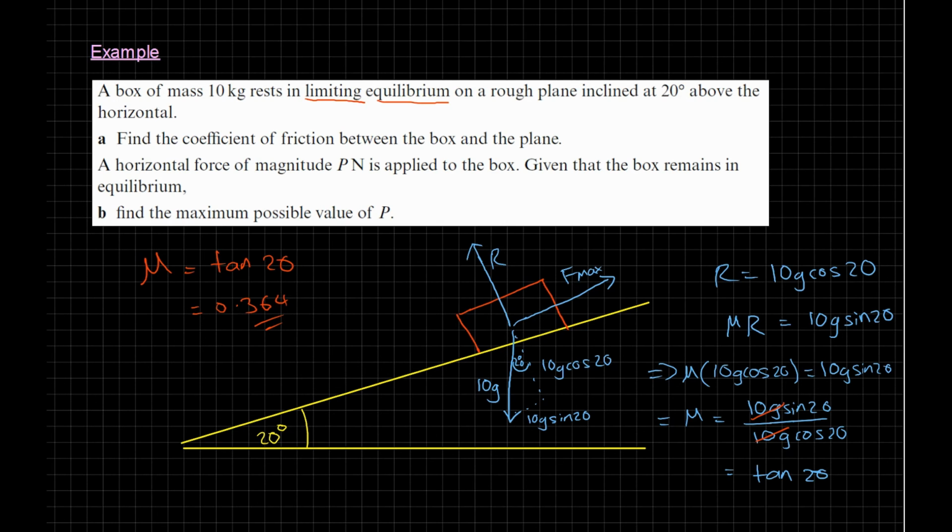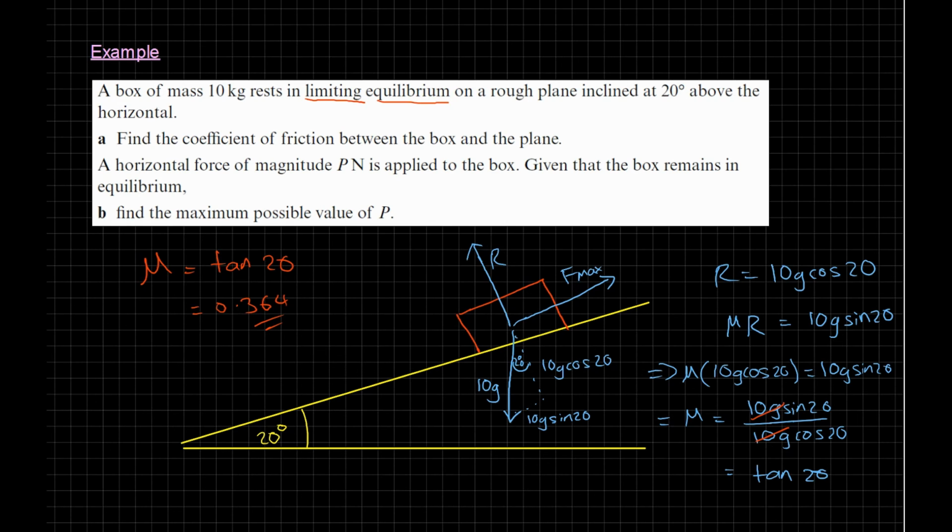This is not some rule that you need to be using in other questions, okay? It's a very specific scenario. It's when it's in limiting equilibrium. But what it does tell you, if you're interested, is that if you wanted to know the coefficient of friction of an object, or of a pair of objects, a surface and something on that surface, just tilt the surface by an angle, and the moment it starts slipping, take tan of that angle, and you've got the coefficient of friction, right?